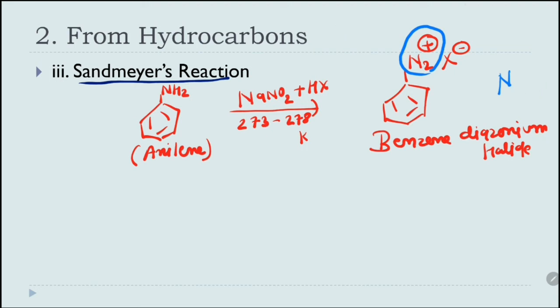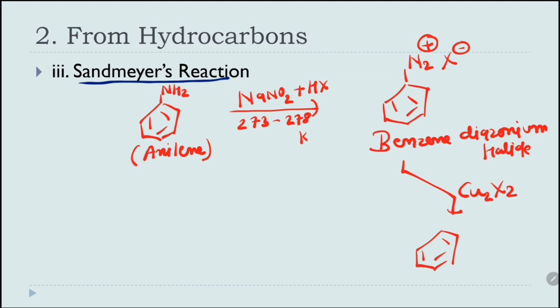So let's provide a nucleophile to it. We can use Cu2X2, cuprous halide. Then the N2 group is replaced by the halogen group, and we get haloarene, and nitrogen gas is the side product.